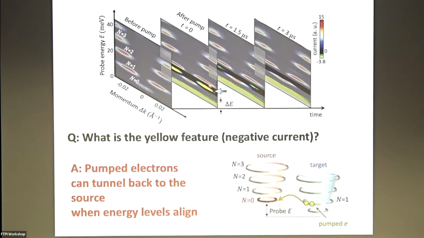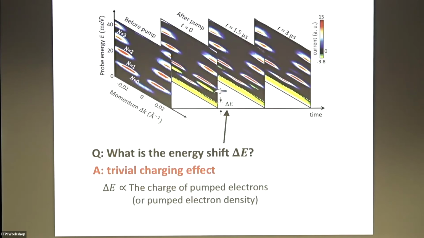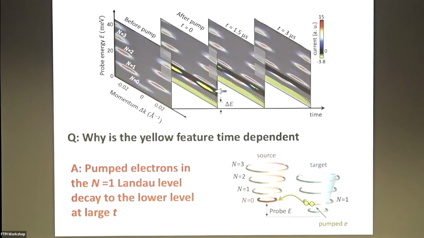There's a difference between the energy to tunnel from the source to the target at n=1 and tunneling back, just because of charging effects from pulsing one way or the other. So this yellow feature tells you how many electrons remain in the n=1 Landau level that we put there. Again, as I mentioned, this is the charging shift. It's a trivial effect: why there's a spacing between the red and the yellow that you see.